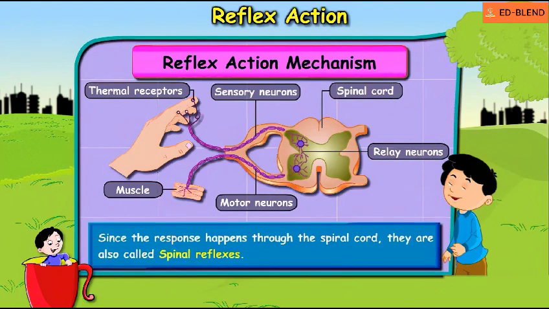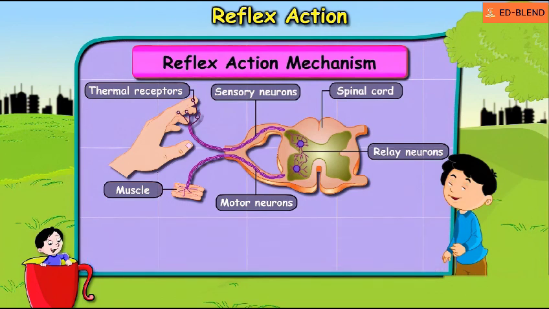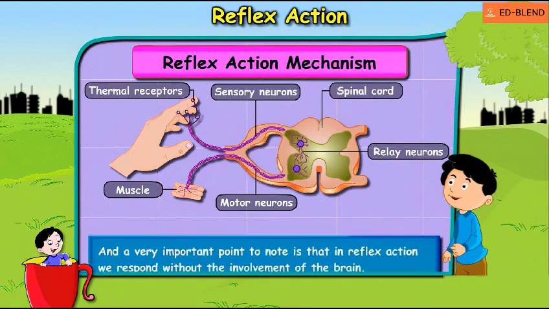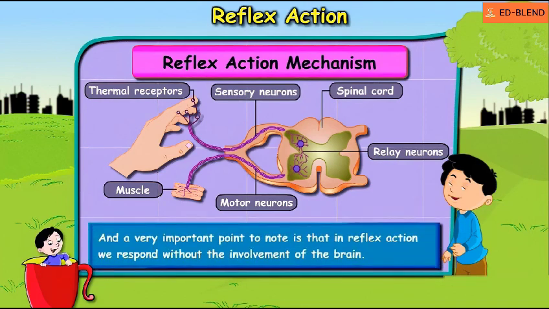As the response happens through the spinal cord, they are also called spinal reflexes. Generally, the reaction time for the reflex action is between 150 to 300 milliseconds. And a very important point to note is that in reflex action, we respond without the involvement of the brain.